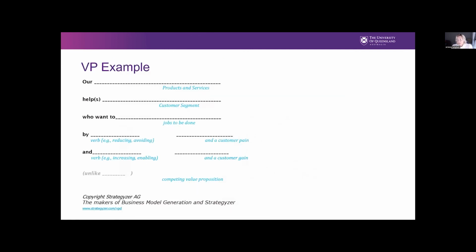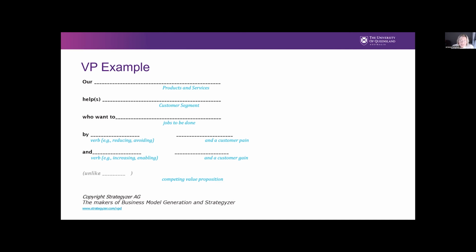Sometimes it's easier to convert that into a statement. The way you would do this is you would use the sort of phrasing that we have here on the screen. Whatever your product or service is going to be called helps whatever your customer segment is, who want to do a particular job, by, and you would want to say something like reducing, increasing, creating, so some kind of verb action word, and then look for one of their pains.